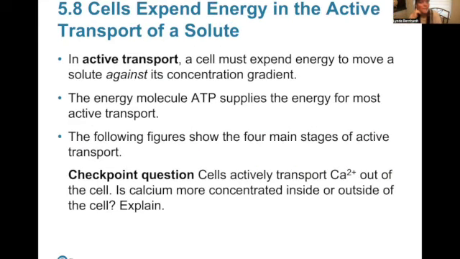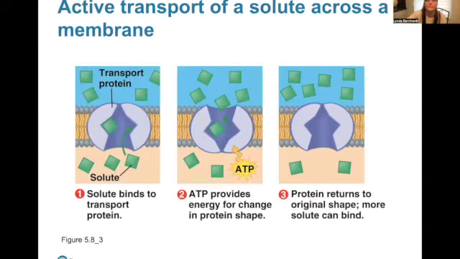Active transport. Active means it needs energy because in order to be active, you require energy. That's the main thing you have to remember. So if something's going against the concentration gradient, the cell has to use energy to make it happen. And this is an example of going across the gradient.